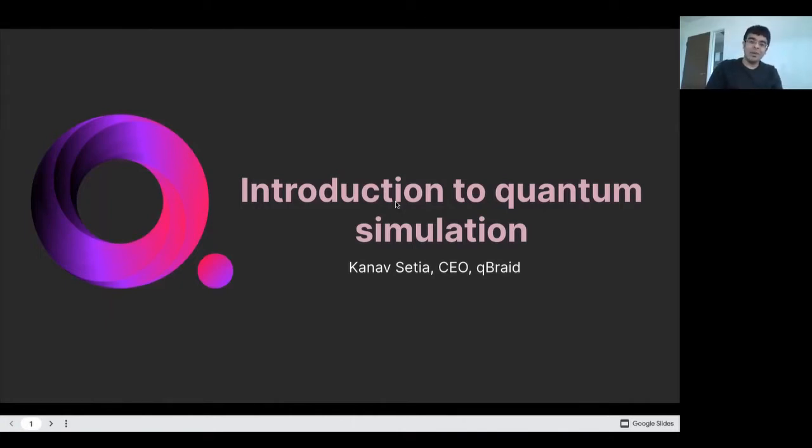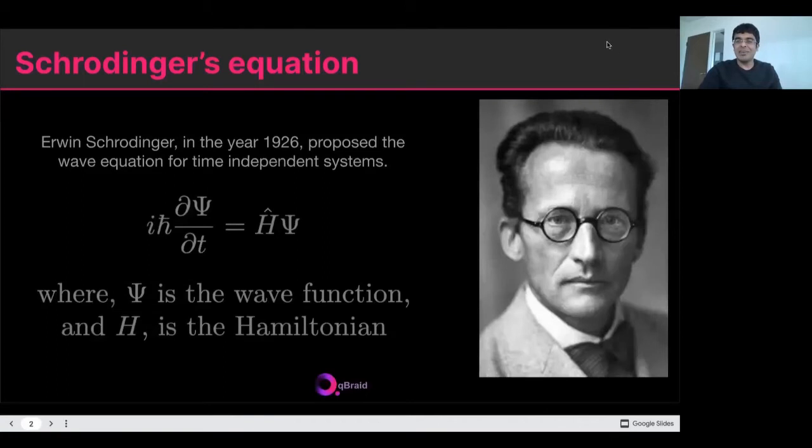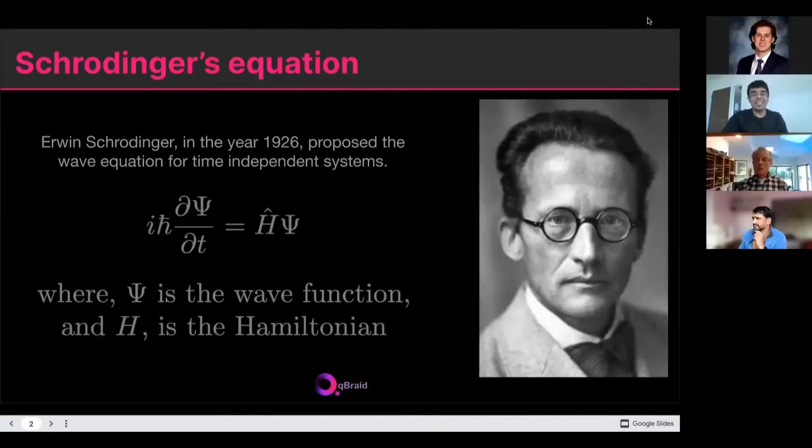Okay, so any story in the world of quantum mechanics starts with Schrodinger and his equation. In the year 1926, Schrodinger proposed the wave equation for time-independent systems. People who are a little bit familiar with quantum mechanics perhaps have already seen this equation.